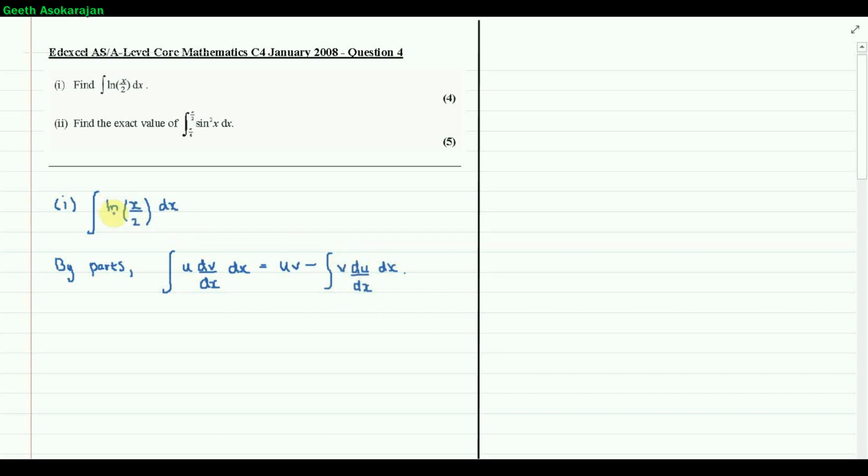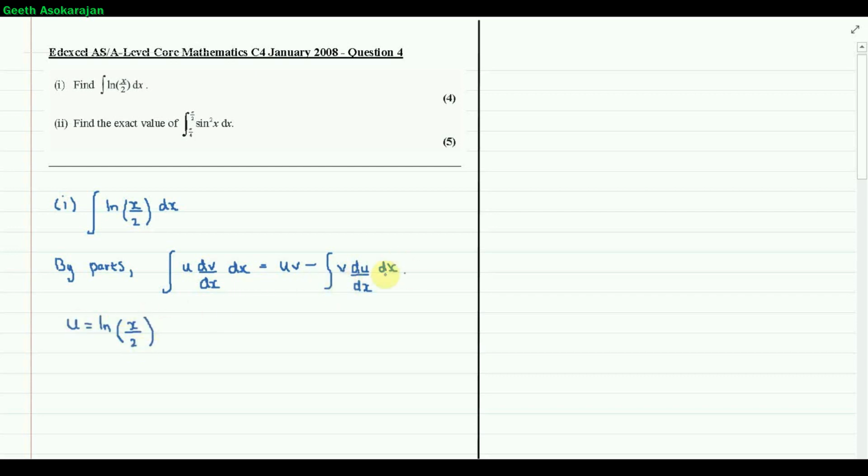So whenever you have an ln term to integrate, always take u to be the ln term, and dv/dx will be the remaining term. So in this instance, I'm going to take my u to be ln(x/2).